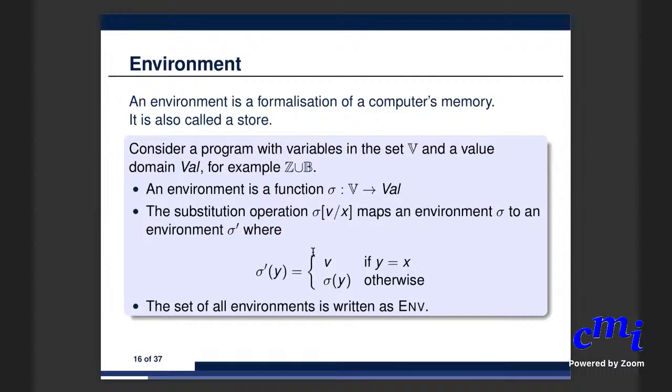That is like an update, in the sense that it gives a new environment, sigma prime, which is identical to sigma except for the value it returns for the variable x. So if y is equal to x, then it returns v, and otherwise it returns whatever value sigma assigns. In that sense, this is just like an update function for the environment. Okay?